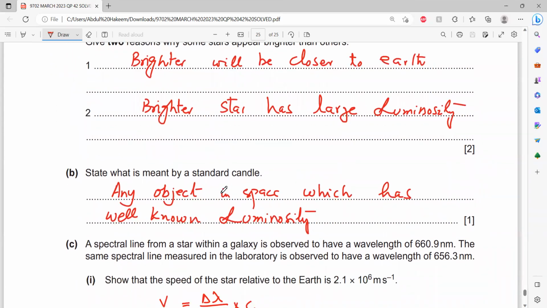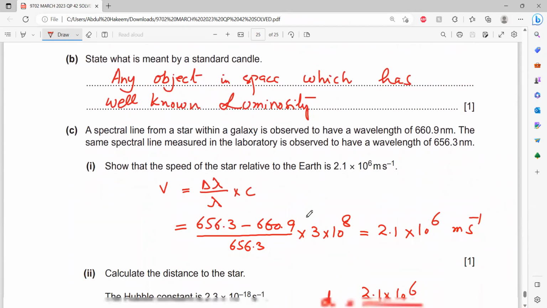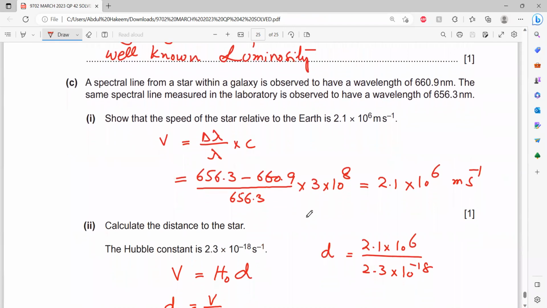Any object in space which has a well-known luminosity is known as a standard candle. A spectral line from a star within the galaxy is observed to have a wavelength of 660.9 nanometer. The same spectral line measured in the lab is observed to have a wavelength of 656. Actually, that light is giving this one, but due to redshift the wavelength increases, so we observe this.